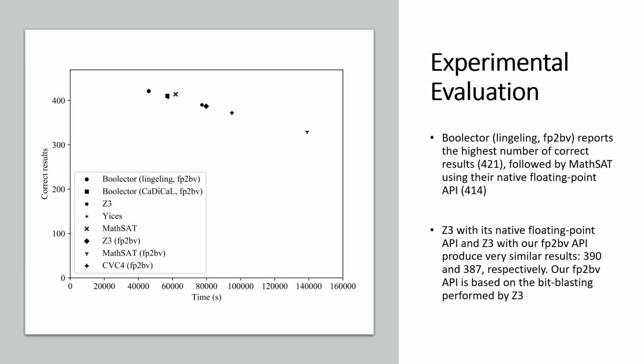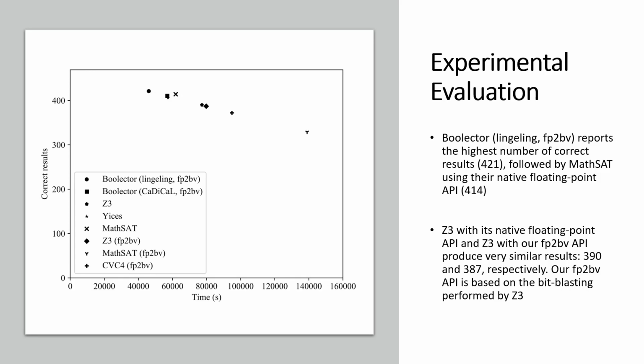The total verification time for each solver is illustrated in Figure 2. And again, Boolector with Lingeling using the FP API was the fastest solver, solving all the problems in 46,100 seconds. It is followed by Boolector with Lingeling with our FP2BV API and Yices using our FP2BV API.